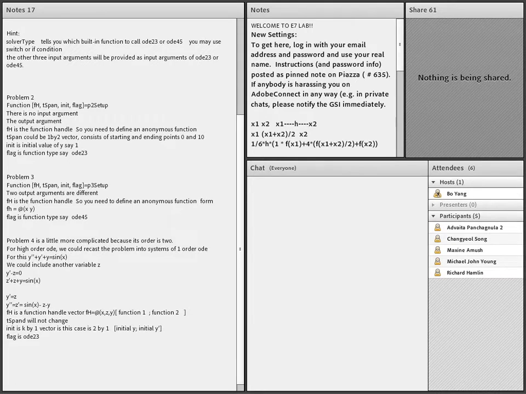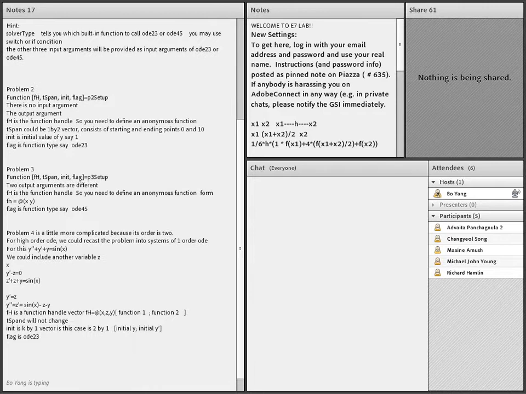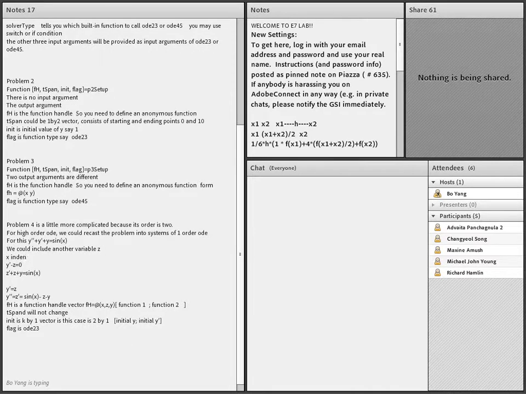So we need to analyze this differential equation and build a system of two first order ODEs. The independent variable is x.